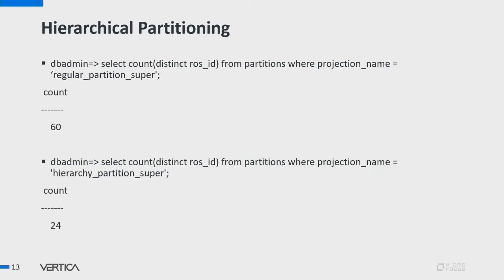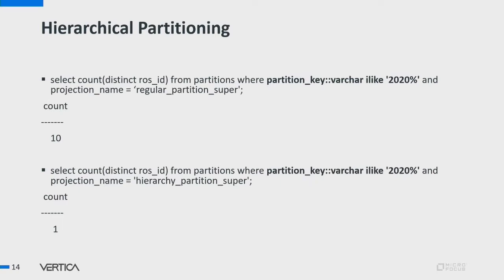So now let's look at the ROS container of each of the tables. If we count the number of ROS containers for each table, we can see for the regular partition table, there are 60 ROS containers. And for the hierarchical partition, we can see that there are only 24 ROS containers. And let's take a look at another year, for example.